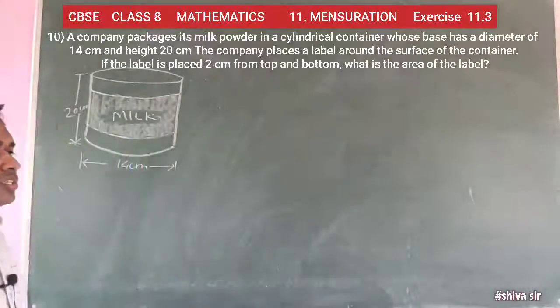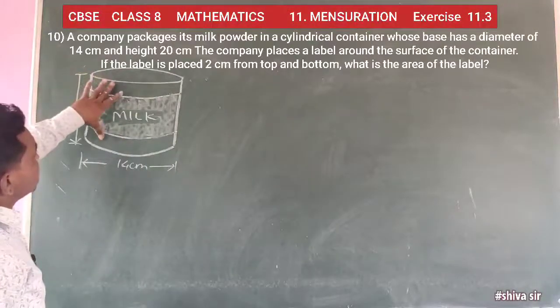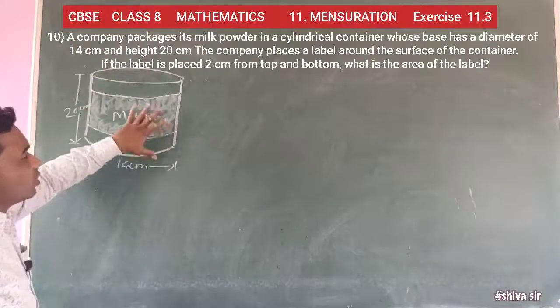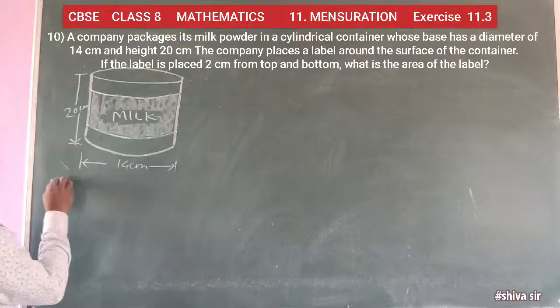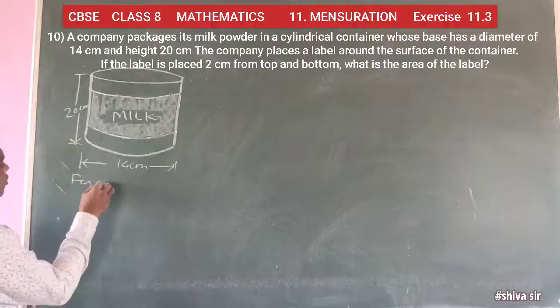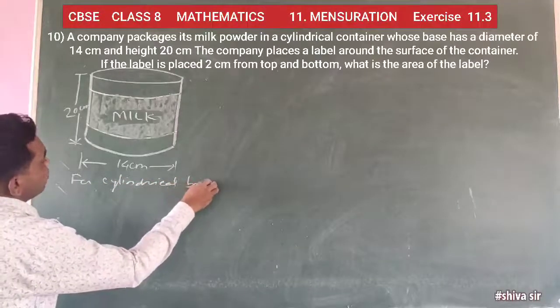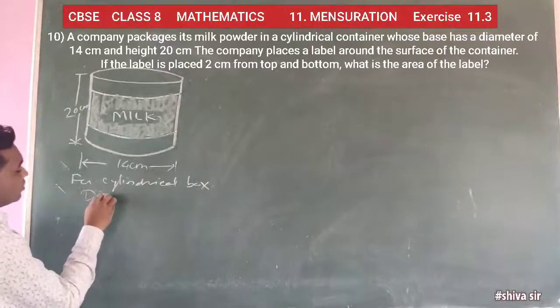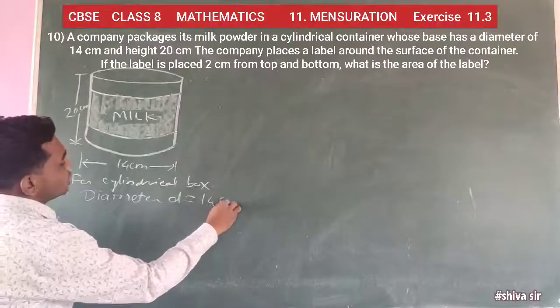So in this example, the company wants to sell this product in a cylindrical container and also wishes to place a label on it. In the solution, for the cylindrical box, diameter D is equal to 14 centimeter.